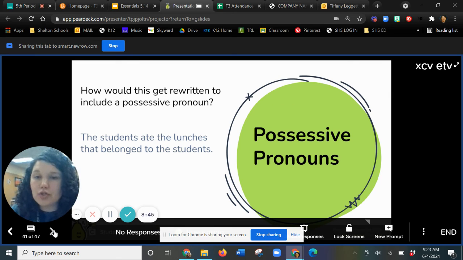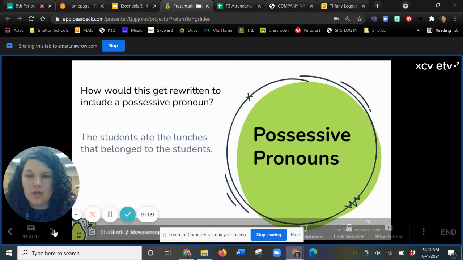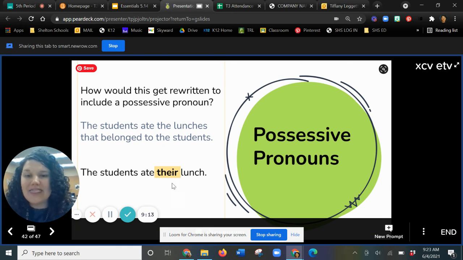Next and last: the students ate the lunches that belonged to the students. So how can this sentence get rewritten to include a possessive pronoun? The students ate... You would say, the students ate their lunch, or their lunches.